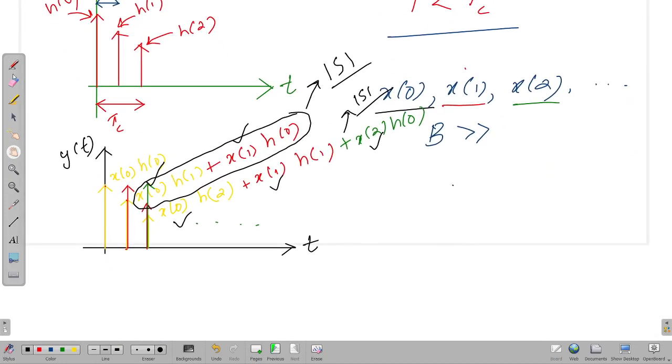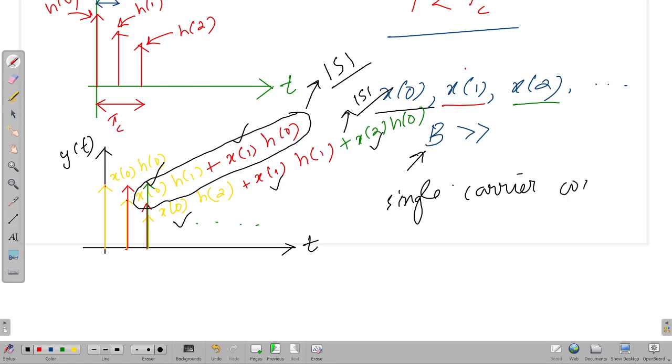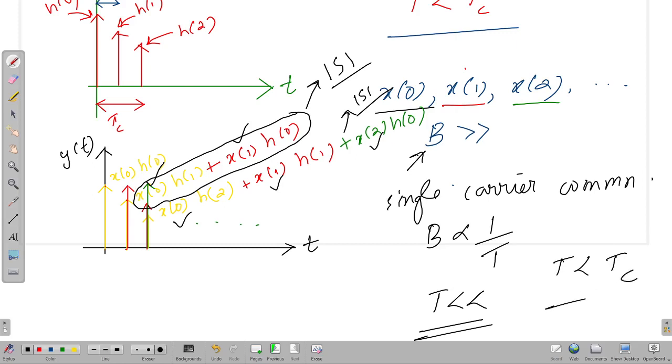Okay, so you always want the symbol duration T to be greater than Tc. But what happens in single carrier communication? In single carrier communication, B is very large. B is inversely proportional to the symbol duration T, so T is going to be a very small quantity, which means T becomes less than the coherence time of the channel, and as a result you will have this problem of inter-symbol interference.